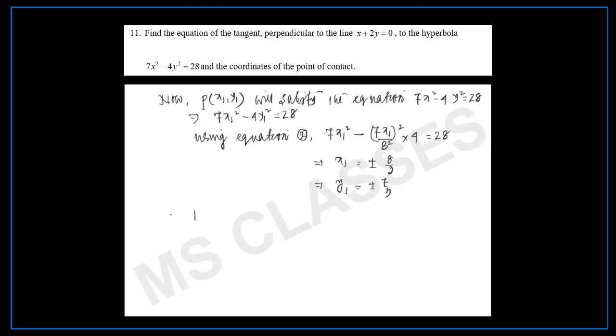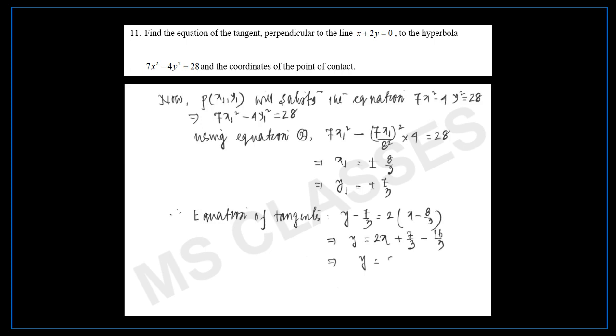Therefore, the equation of tangents: y minus 7 by 3 equal to 2 into x minus 8 by 3, which on further simplification we get y equal to 2x minus 9 by 3, and y plus 7 by 3 equal to 2 into x plus 8 by 3.